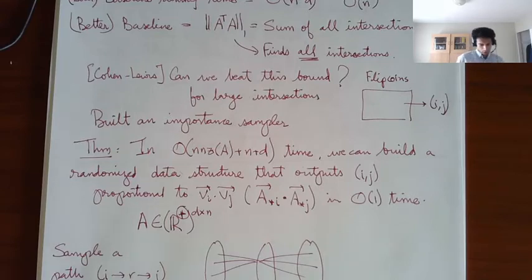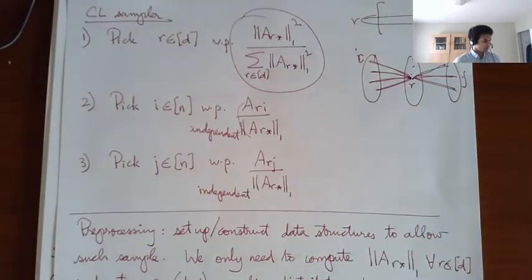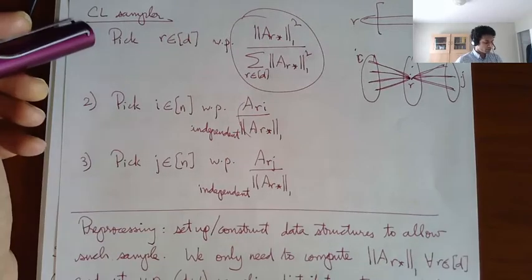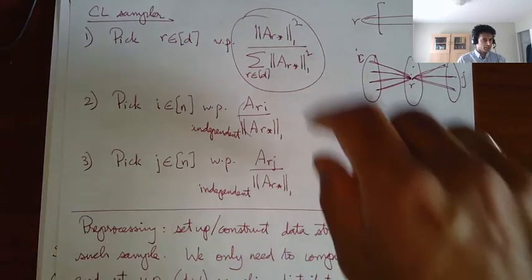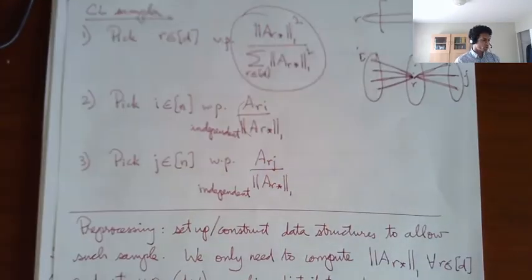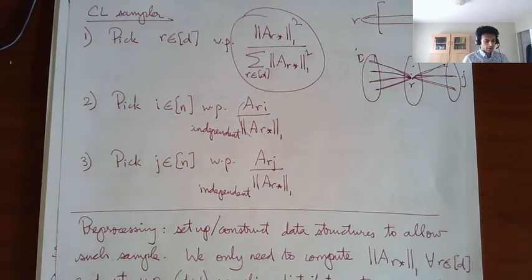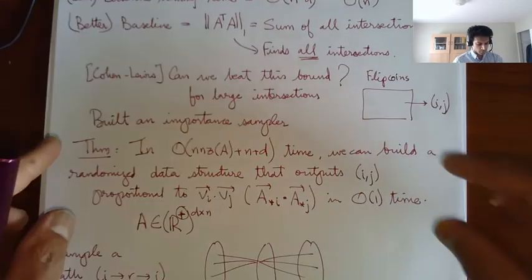That's a good question. If you think about it, you can just store the distributions as a list of numbers. I mean, the most naive way to do the sampling is you store these numbers, you store partial sums, and then you do binary search. Then you get log n per sampling, and then I'll show you how you can improve that to O(1). But abstracting that aside, hopefully this is clear.